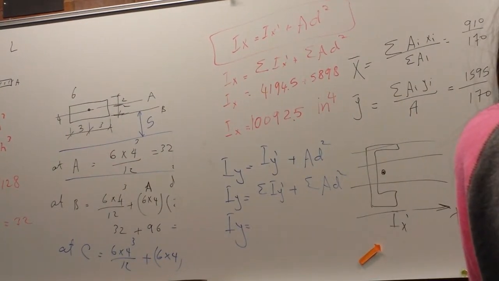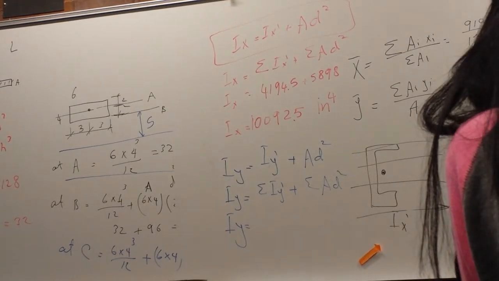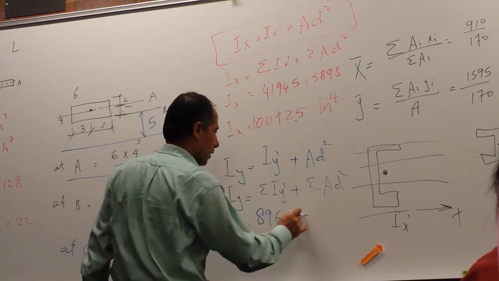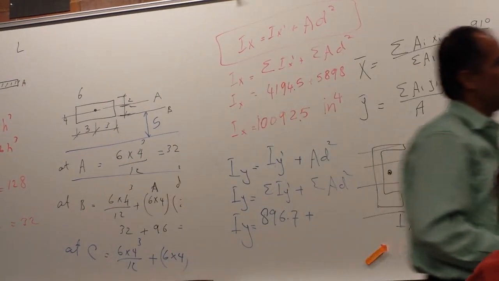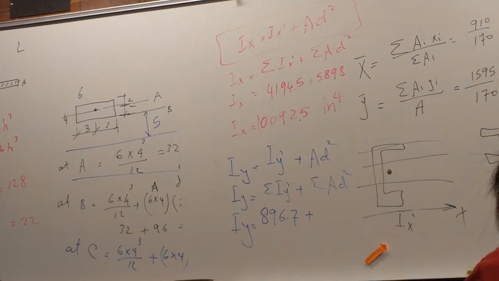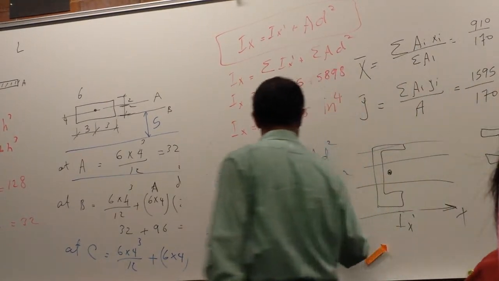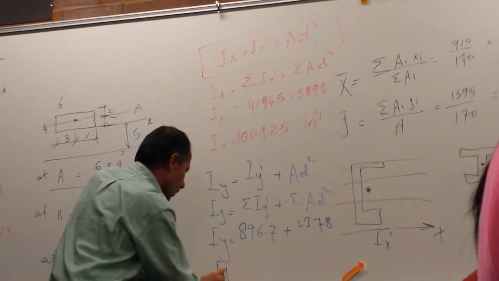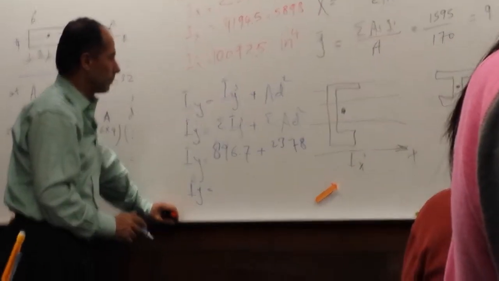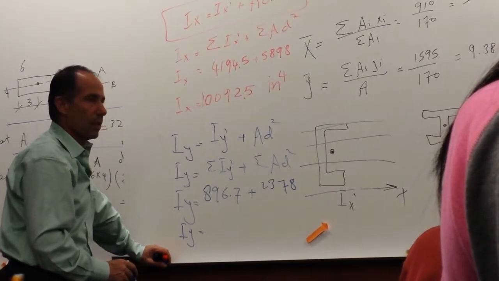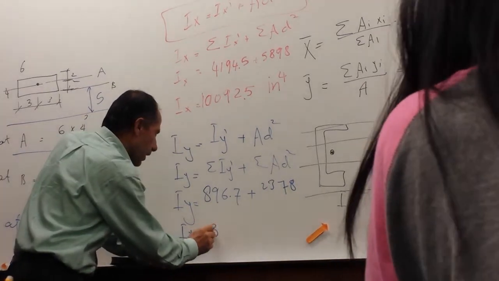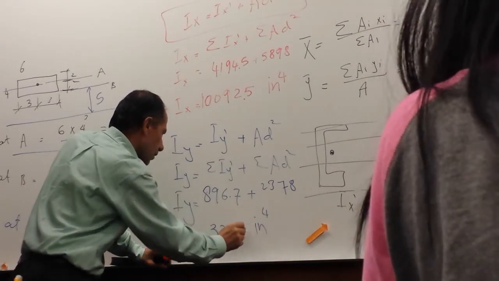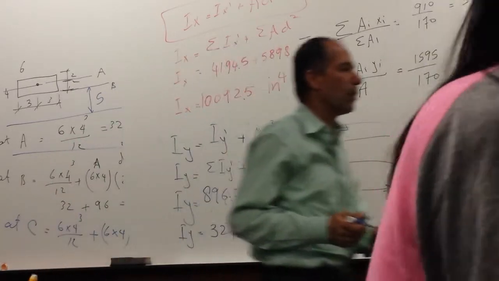Iy prime is 896.7. A dx squared is 2378. And the total is 3274.7 inch to the power of 4.